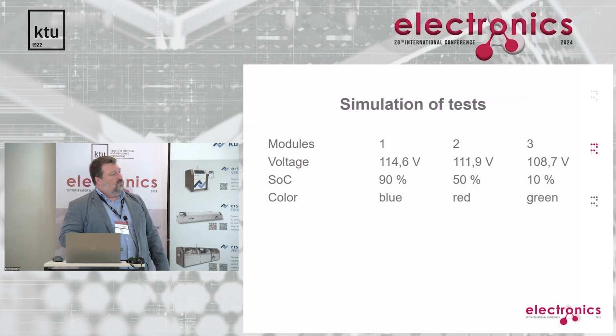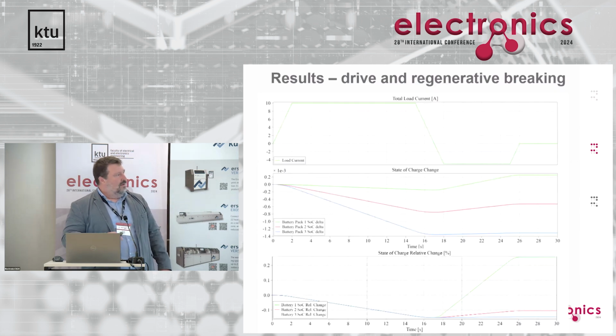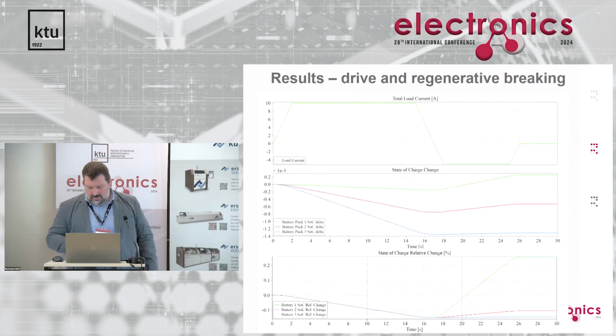So almost full, 90%, averagely full, and almost empty, 10%. So in diagrams, they will be represented by blue, red, and green. So blue is full, and you will see the rest, how it acts.